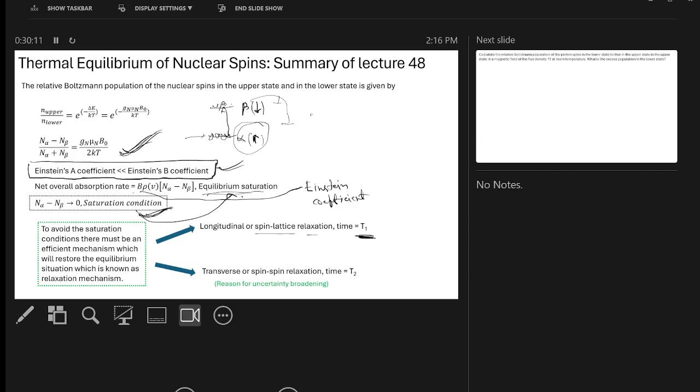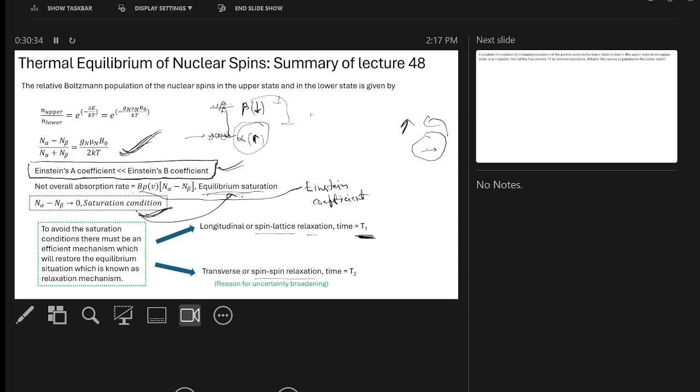That's why we call it spin lattice relaxation. Okay. The second is transverse, or spin-spin relaxation. Let's say the spin is present in the xy plane, so it will change its spin. So this is called a spin relaxation, and this spin relaxation is the reason for the NMR peak broadening.